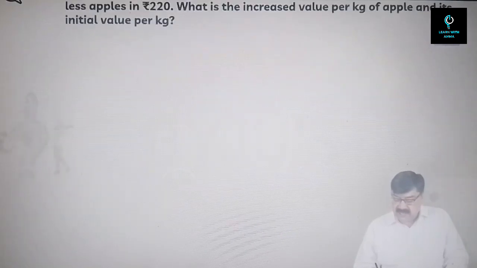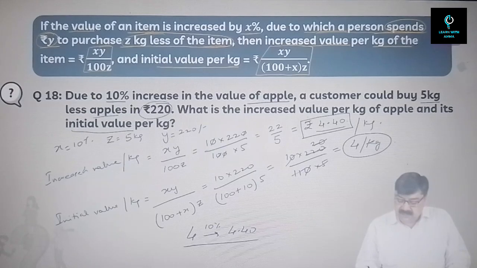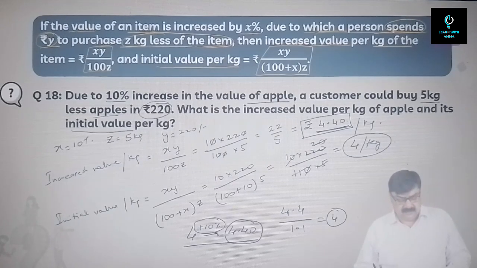Now similarly, if you look at the previous slide, when we got rupees 4.40 per kg as the increased value, then the initial value can also be found out by using 4.4 divided by 1.1, because there is a 10% increase. Then also you will get the initial value as rupees 4. So maybe you may never want to use this formula, but still, if you feel comfortable, please go ahead.